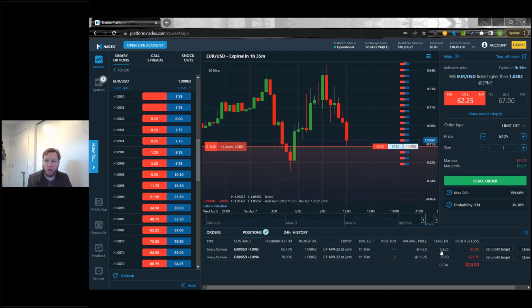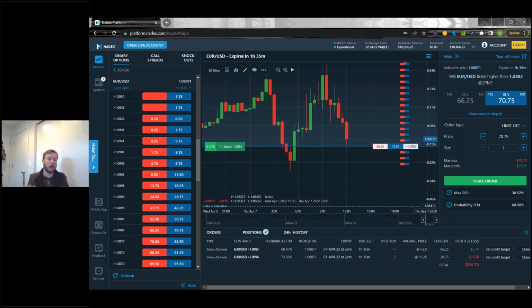You'll notice though that the current price that it's showing is always going to be the opposite side of where I got in, right? Because I got into this contract on the buy side. If I exit this contract early, because you can exit every contract on the exchange early, you don't have to hold them until that expiration time we've been talking about. You can actually get out early. You can take some profits, but you need to remember that when you get out, it's on the opposite side of what you got in.